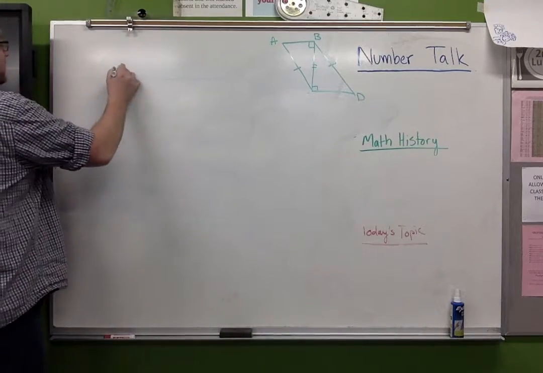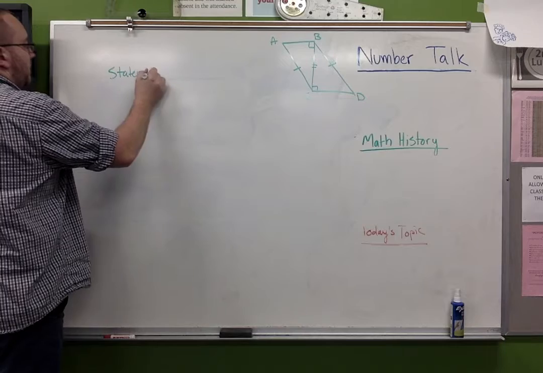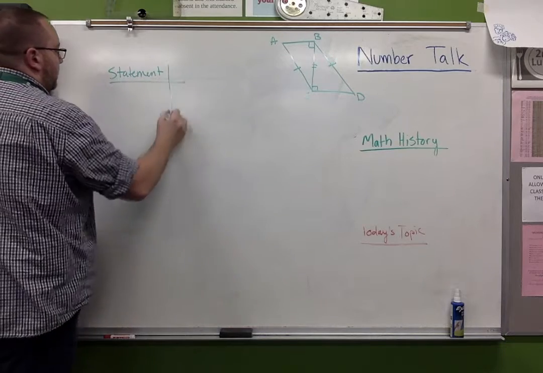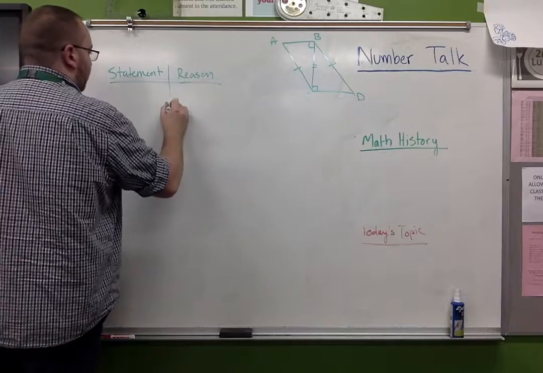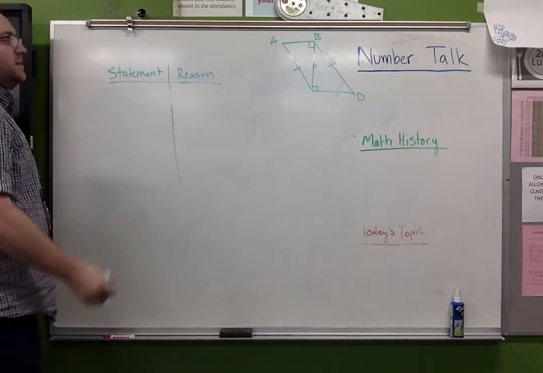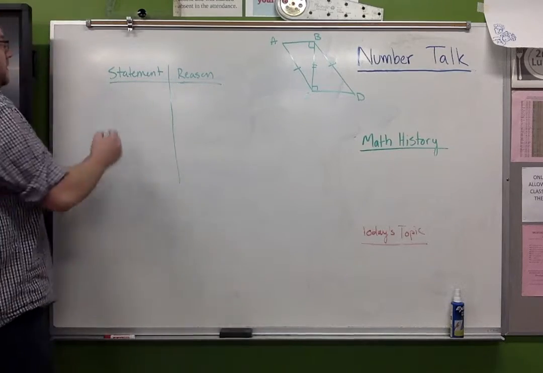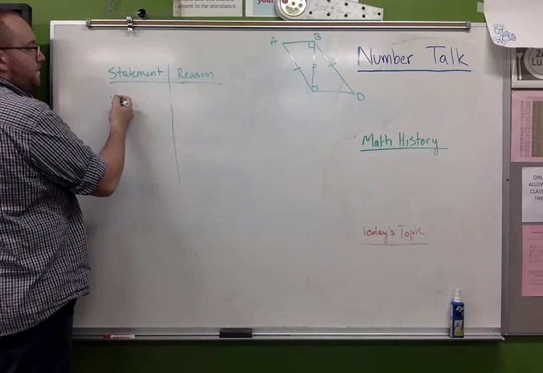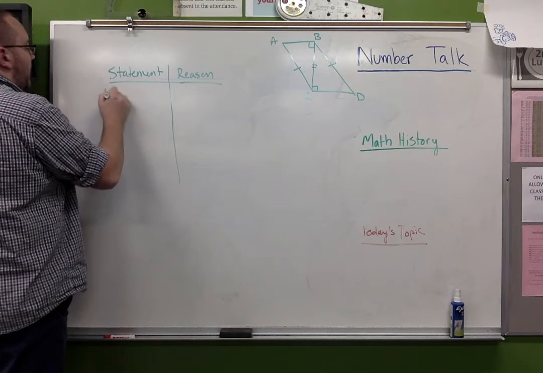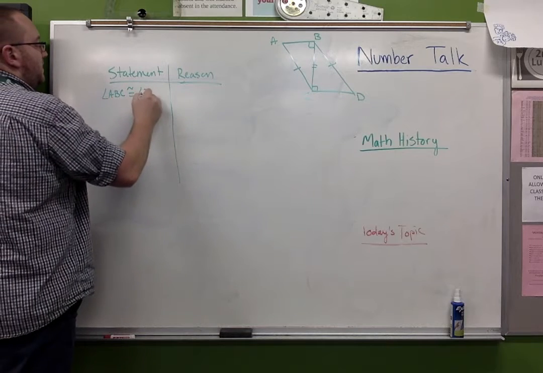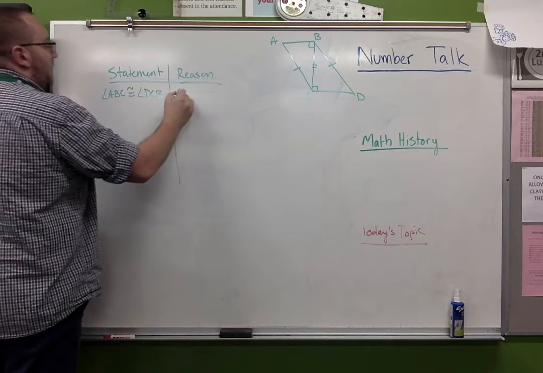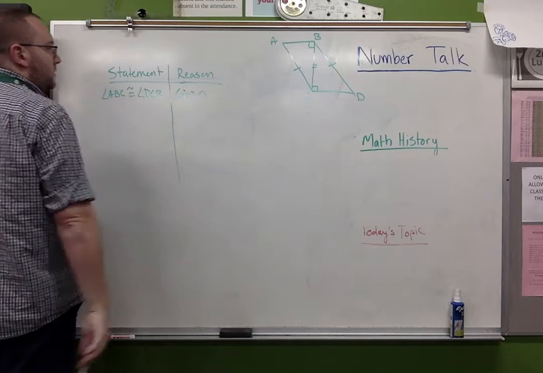Then we have a statement and a reason. So what's given to us is just what's written there on our picture. So let's see. Angle ABC is congruent to angle DCB. That's given, right? They're both 90-degree angles.